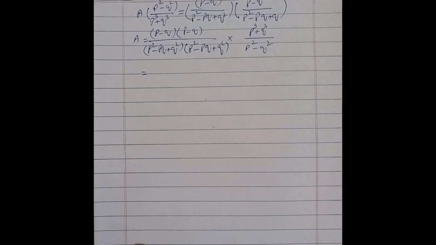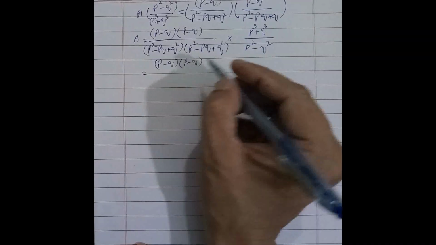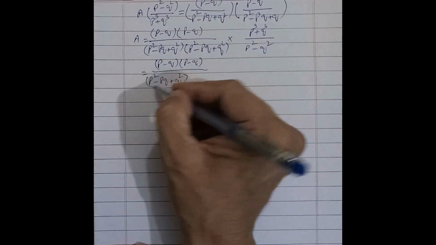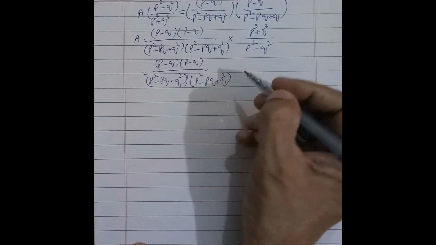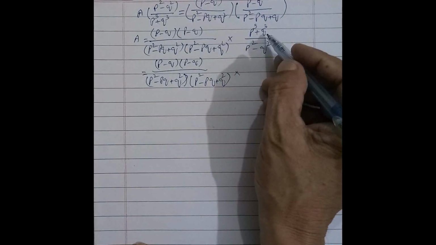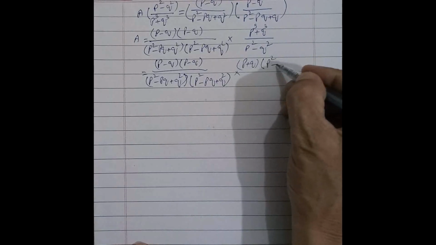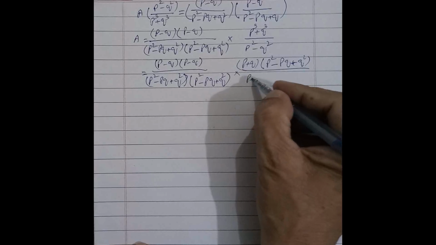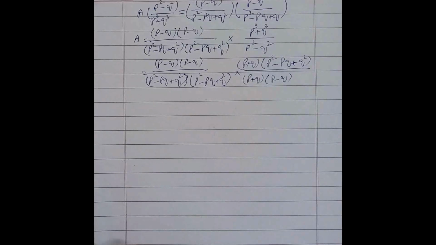Now we simplify these values. We get (p − q) into (p − q) over (p² − pq + q²) into (p² − pq + q²), multiply, apply the formula, we get (p + q) into (p² − pq + q²) over (p + q) into (p − q), and this is a² − b², meaning (a + b) and (a − b).